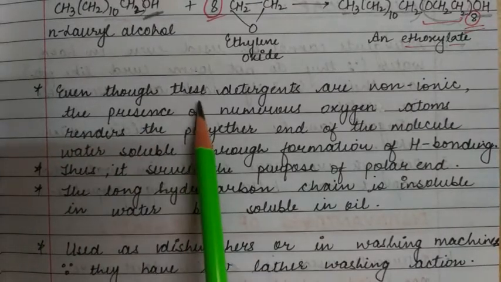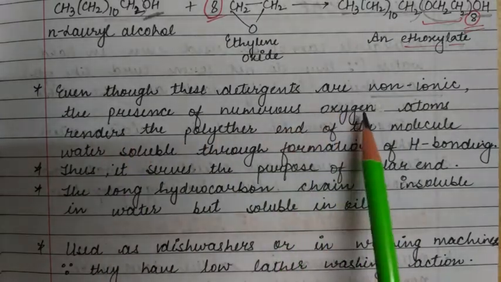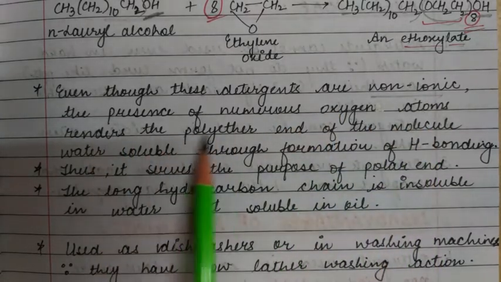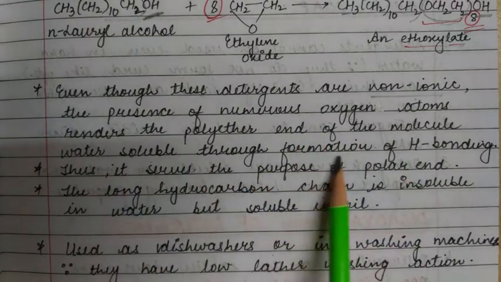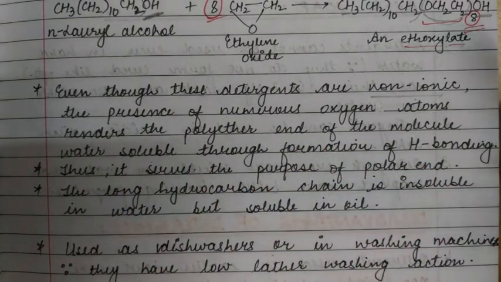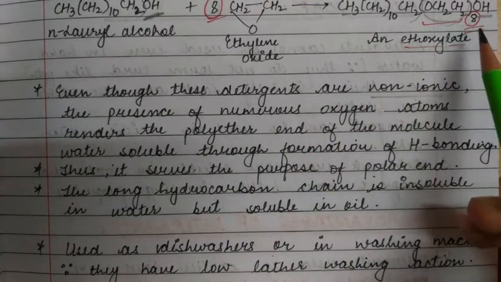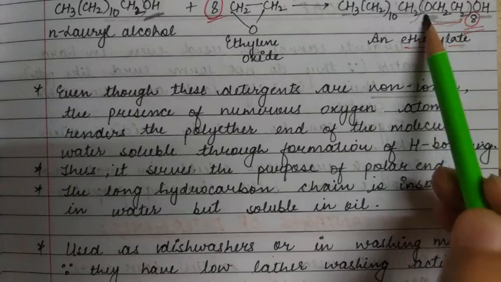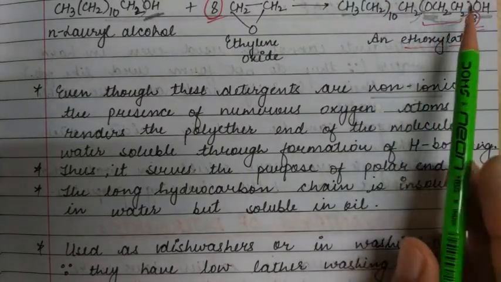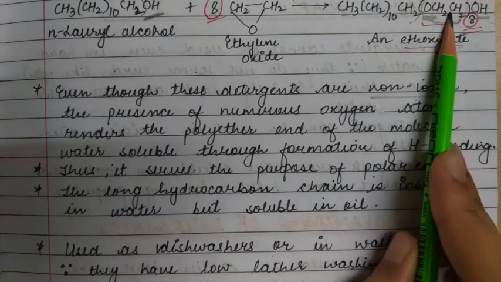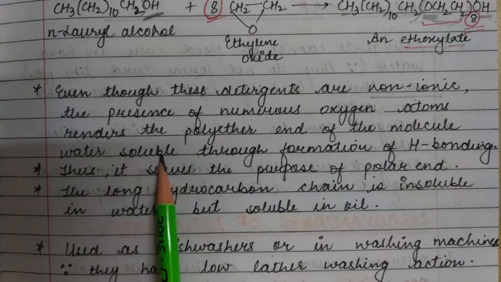Even though these detergents are non-ionic, the presence of numerous oxygen atoms renders the polyether end of the molecule water soluble through formation of hydrogen bonding. That means these detergents are non-ionic, it's clear, but due to the presence of many oxygen atoms, it forms hydrogen bonds with water, and hence it becomes water soluble.